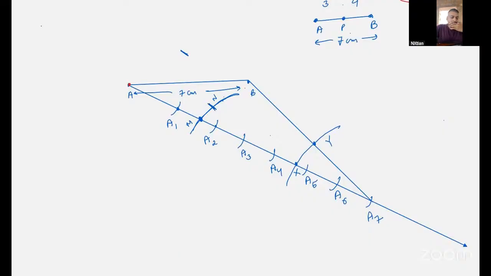Till here done? Now you have to join A3 to N with a line segment, like this, with the scale. You have to join from A3 to the point N with a line segment. It's going to look like this.